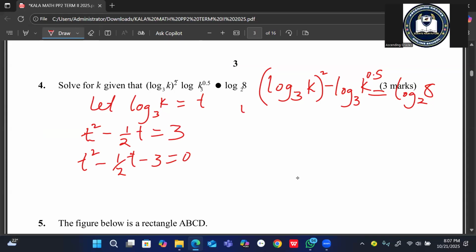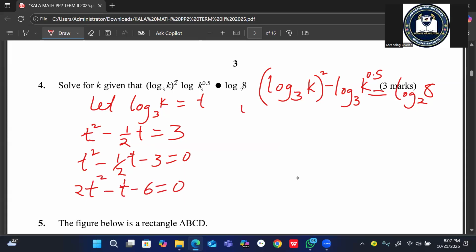Upon factoring it out, we get 2t squared minus t minus 6 is equal to 0.